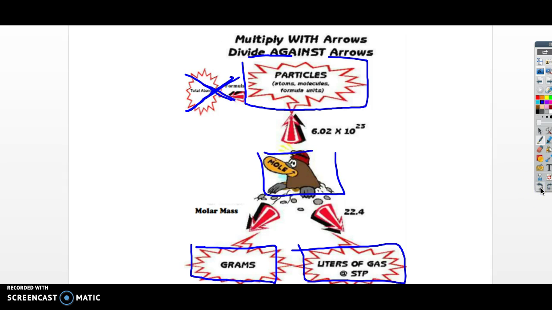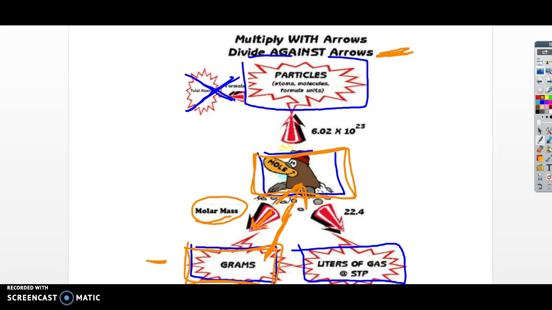Now, let's say I want to do the opposite. Let me use orange for this so you can see. Let's say I want to go from grams to moles. Now if I'm moving from grams to moles, notice that I'm going up here, and it's the opposite of that red arrow right here. This red arrow goes that way. I'm going against the arrow, the opposite way. So when I move against the arrow, I'm going to divide. What am I going to divide? I'm going to divide grams by the molar mass to get the moles.